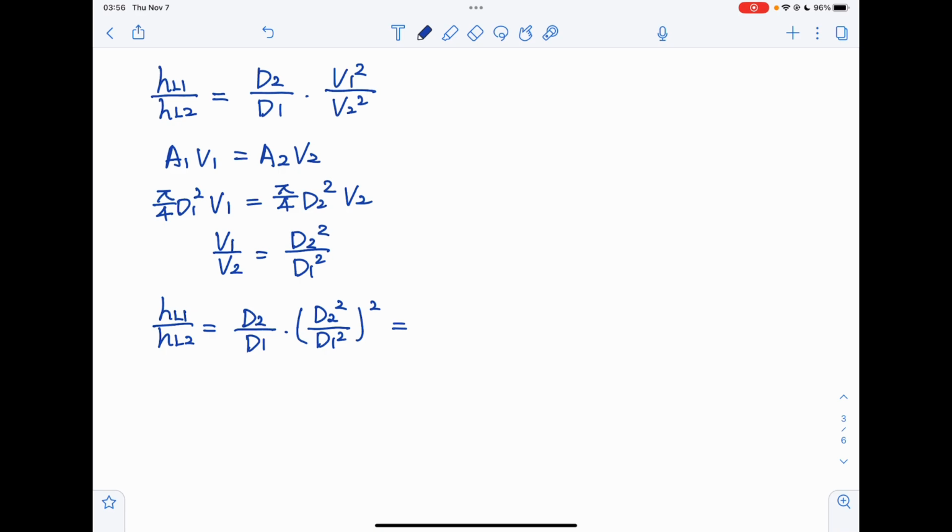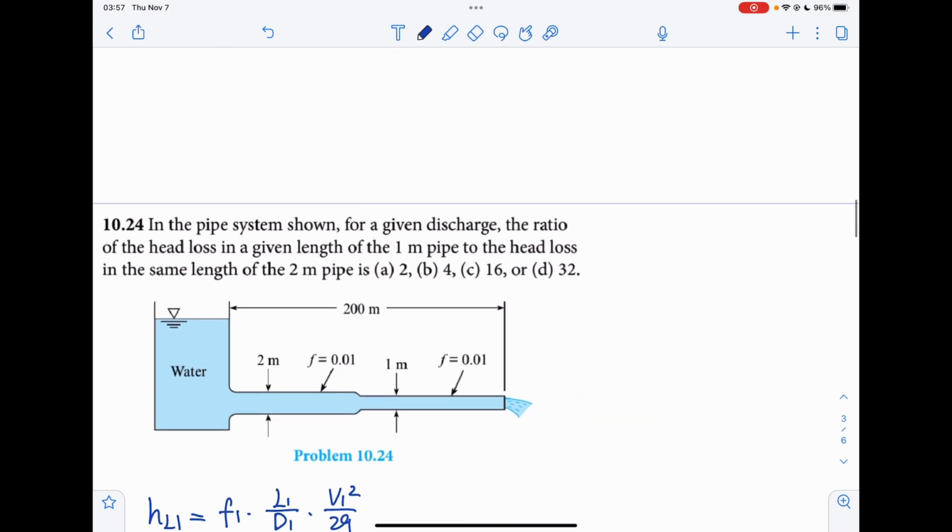So the entire thing can be simplified to d2 over d1 to the power of 5. So when the ratio is 2, the head loss ratio will actually be 32. So we're going to choose D.